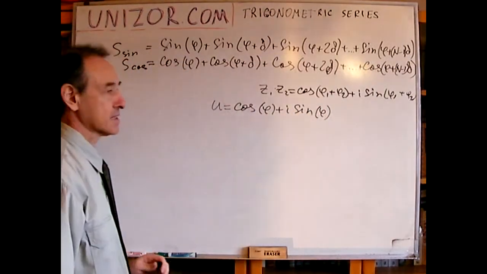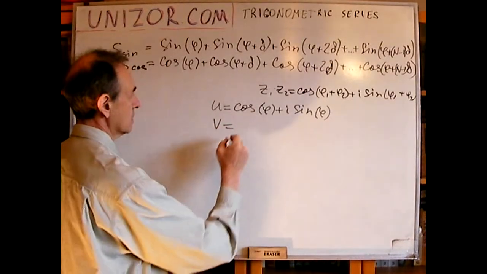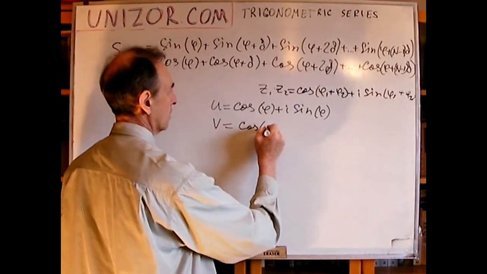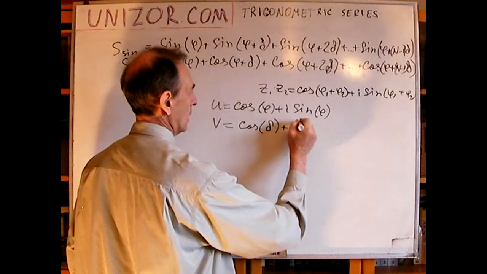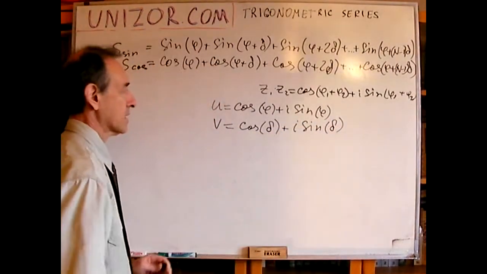This is one complex number which I am talking about. Another complex number v is cosine of delta plus i sine of delta. Two complex numbers.